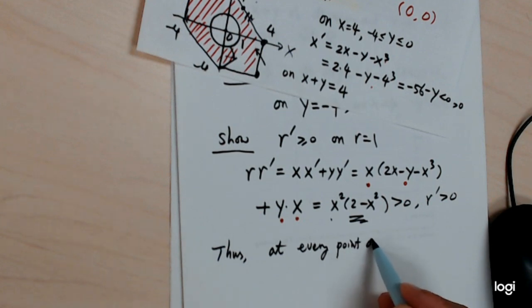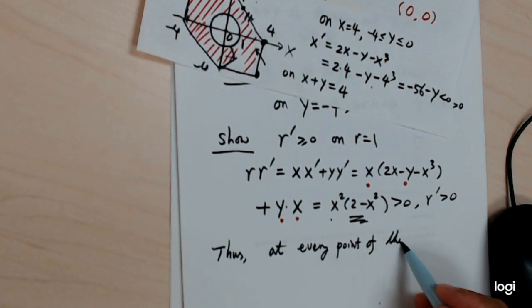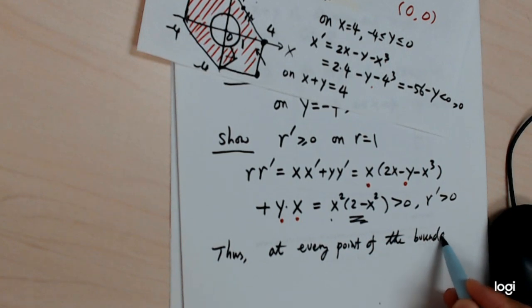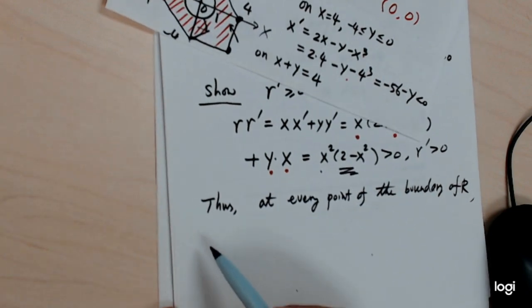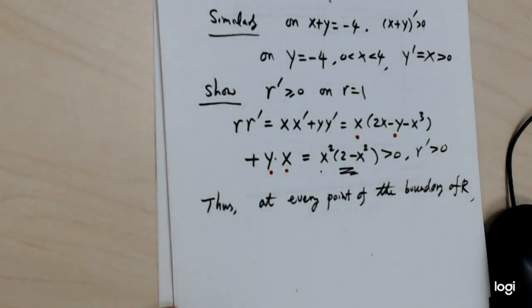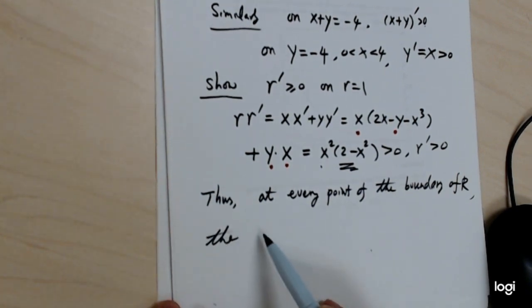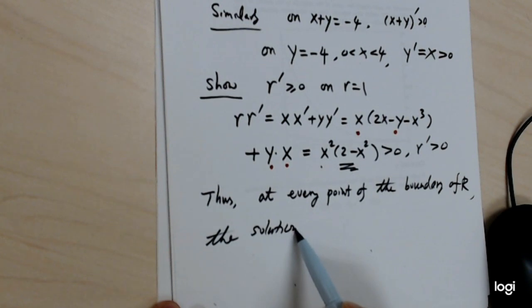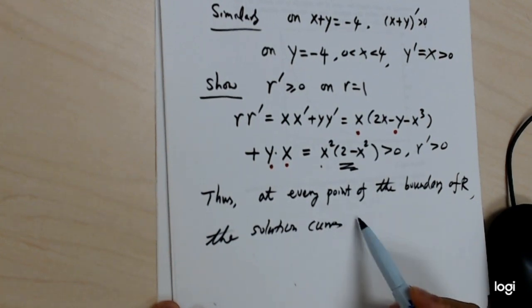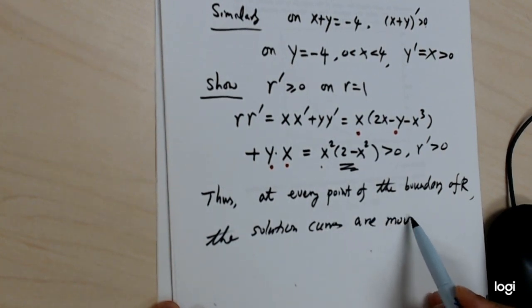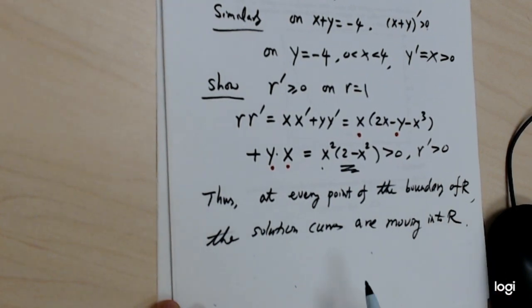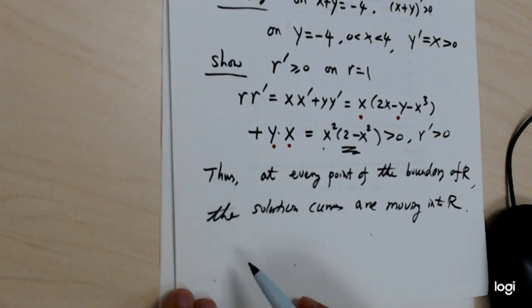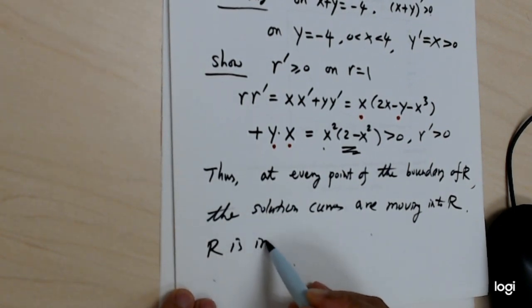At every point on the boundary of R, the solution curves are moving into R. So nothing is leaving R, and R is invariant.